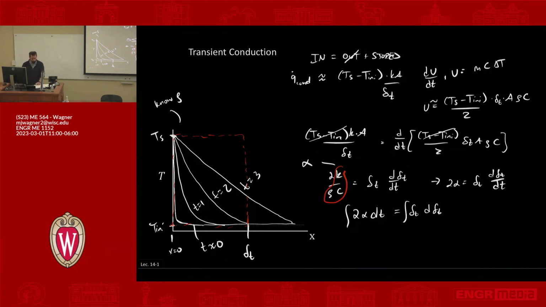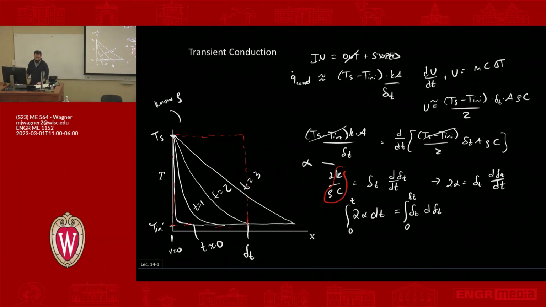So you can do that. We can do that as a definite integral, but what we need to do to force it to line up is to do the integral from 0 to delta t on the right-hand side and 0 to t on the left-hand side. That just sort of forces them to line up. So at whatever the time is, that corresponds to whatever the delta t is.